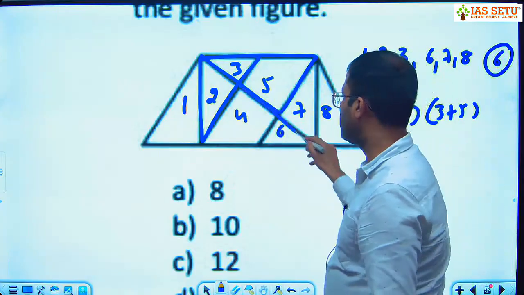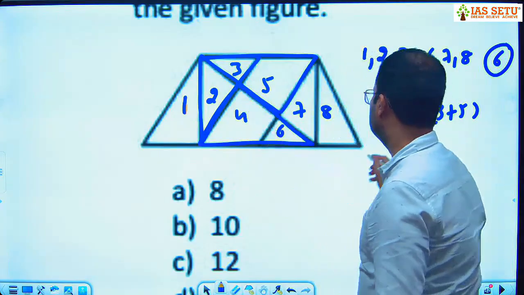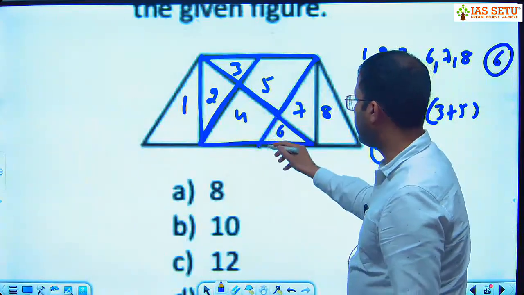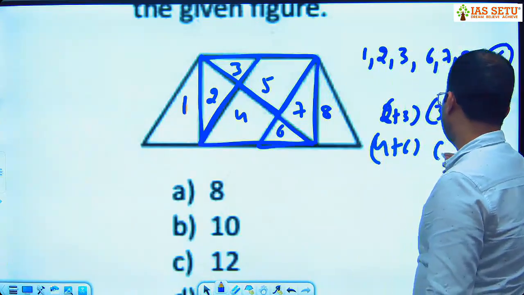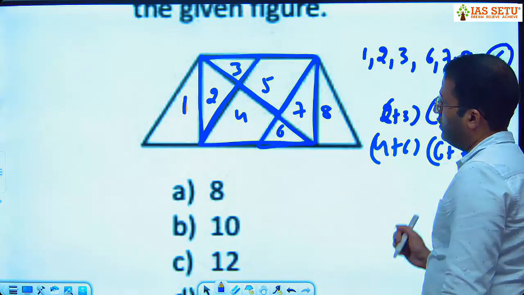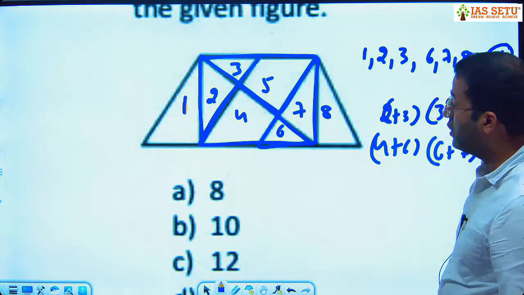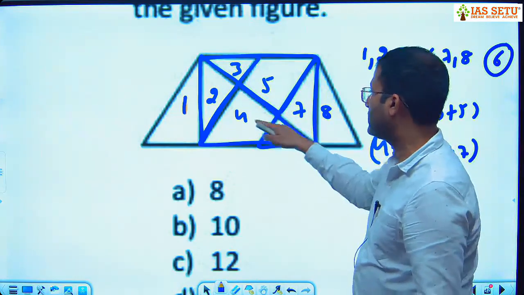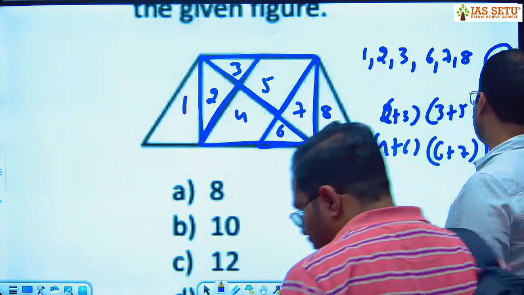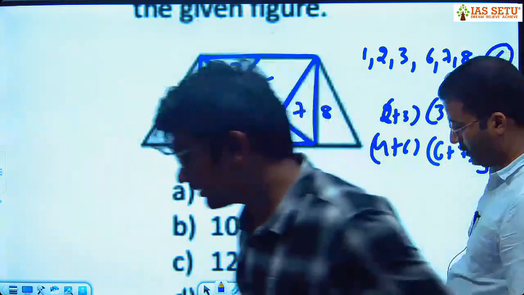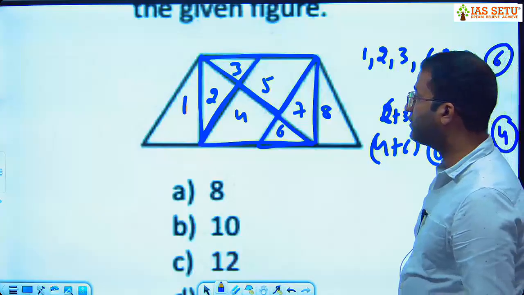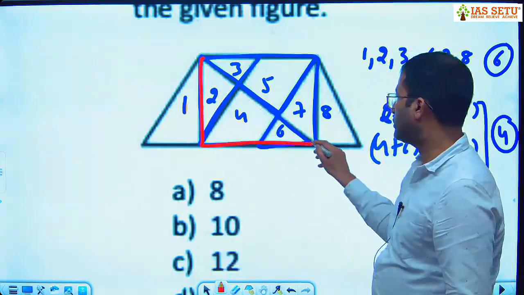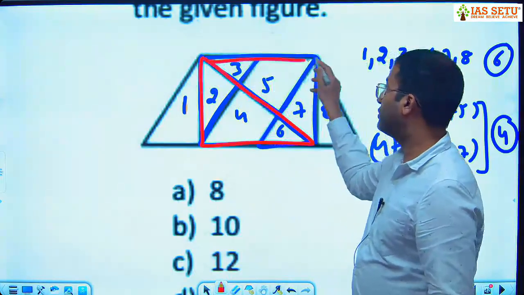Similarly 4 plus 6, 6 plus 7. So I think when you take 2 numbers at a time, we have 2 plus 3, 3 plus 5, 6 plus 7, 4 plus 6, we have 4 triangles. अब 3 numbers at a time. 2, 4, 6, 3, 5, 7.